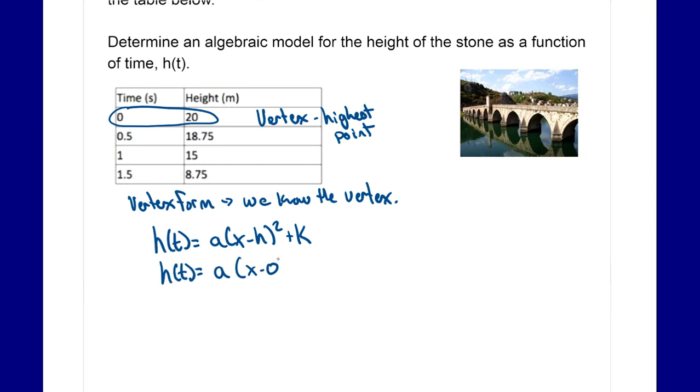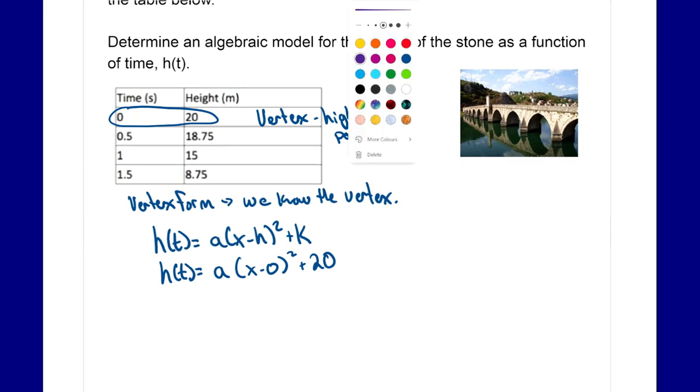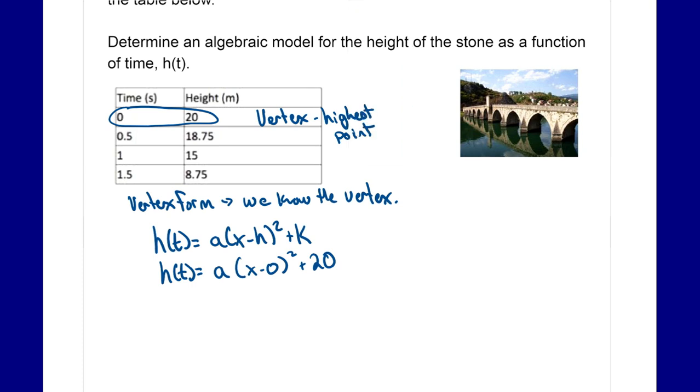So x minus 0 squared plus k, which is 20. So this is just coming from our vertex. Our vertex is the point 0, 20. 0 is h, 20 is k. So that's all that's doing. That's all where we're getting our points from.